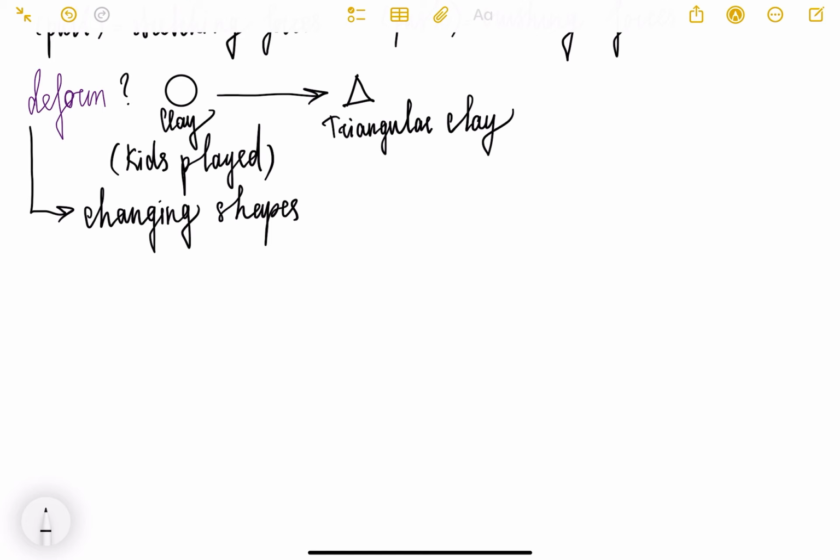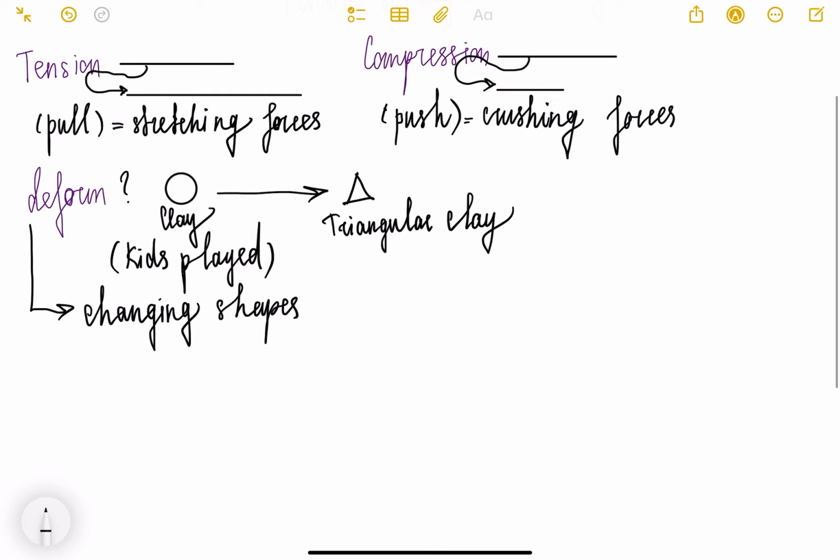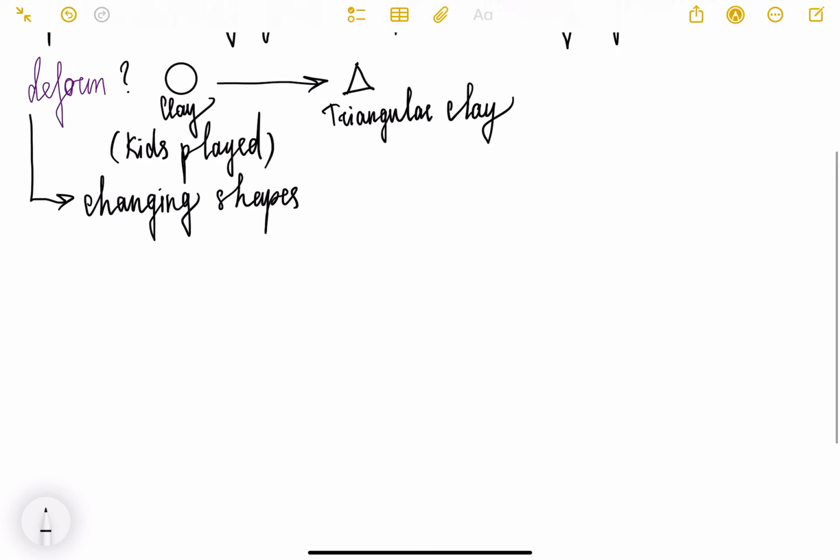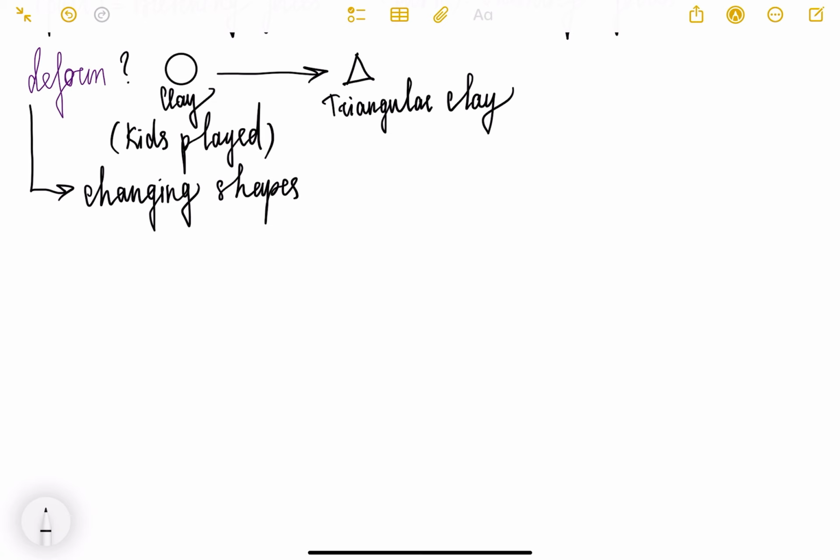And the type of deformation depends on the type of force applied. So, yeah, the type of deformation is based on what kind of force it went through, tension or compression. If it went through compression, it might become smaller. If it went through tension, it might become longer. So this is an obvious explanation, right?